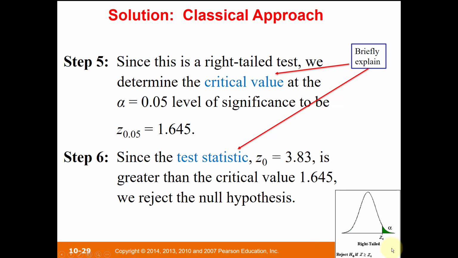But in this particular case, the threshold where we say this is okay and this is reject is at 1.645, again, based on alpha. We compute the test statistic from that p-hat by converting it into a z-score. That means it's 3.83 standard deviations out here to the right. It's way beyond the threshold, so this result is very unusual, and so we reject the null hypothesis.